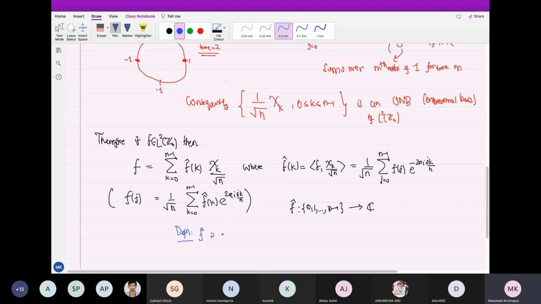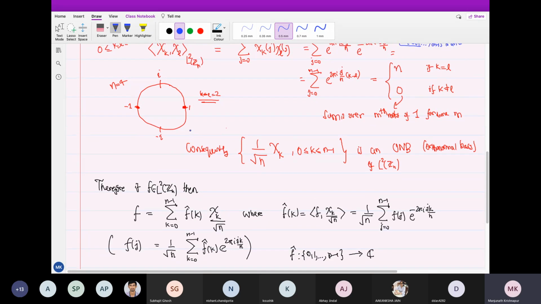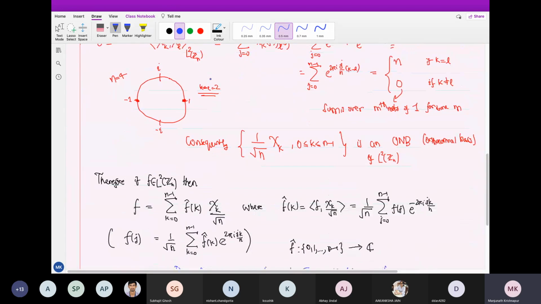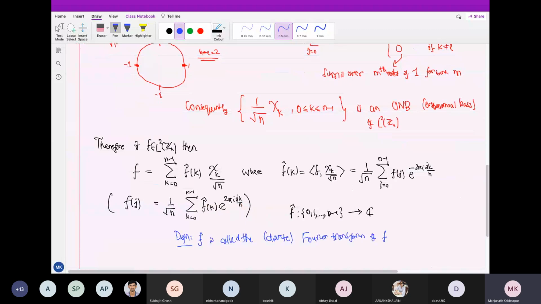f hat is called the discrete Fourier transform of f. Sometimes we say the word discrete, but I will drop that because we will be talking about these things all the time. So if you forget all this group business, you have a function on 0, 1 to n minus 1, and you get another function on 0, 1 to n minus 1.